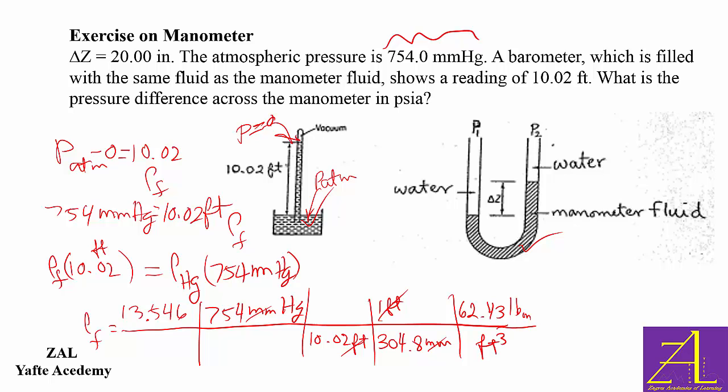This will give me rho f in pound mass per foot cube. This will be equal to 208.782, and the last significant digit would be 7. This is in pound mass per foot cube, density of manometer fluid.